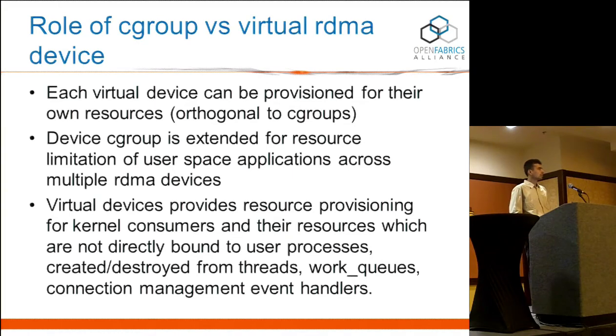So whenever the processes are created or destroyed, they belong to a particular cgroup. And when they query a device, they get to see only the amount of resource that has been given to them. That applies to all RDMA resources that we can think of right now: PD, CQ, SRQ, QPair, address handles, flows, memory regions.